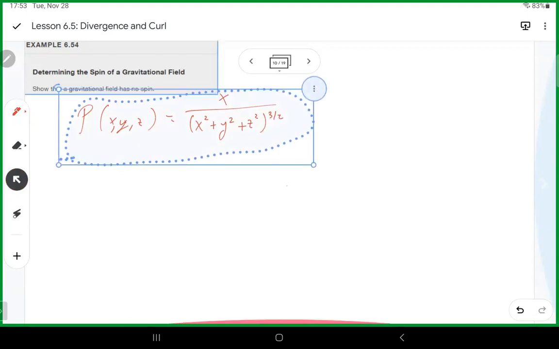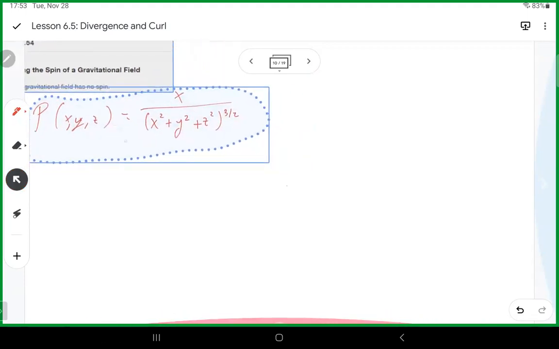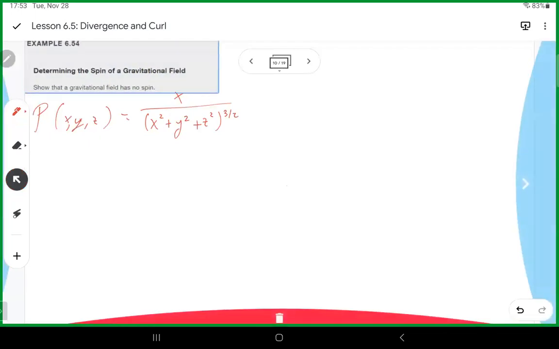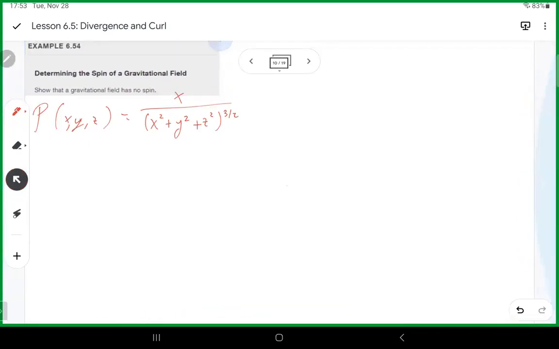I thought that would be the only one we would have, but guess not. Then we have Q(x, y, z), which is the same thing but with a y on top instead of an x. So if you write faster than me, you know what the last one is, also to the 3/2.